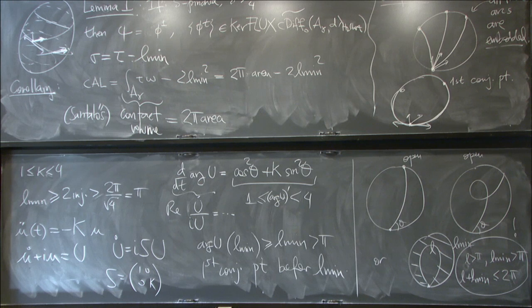Rho of x0 equals tau of x0, rho of x pi equals 2L mean minus tau of x pi. Remember that tau is the return time.